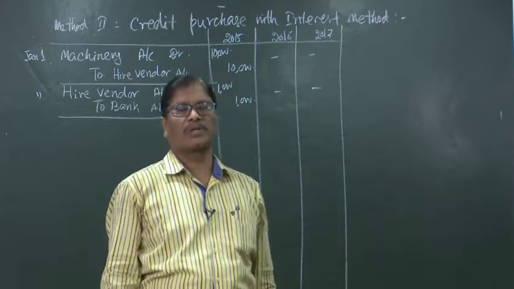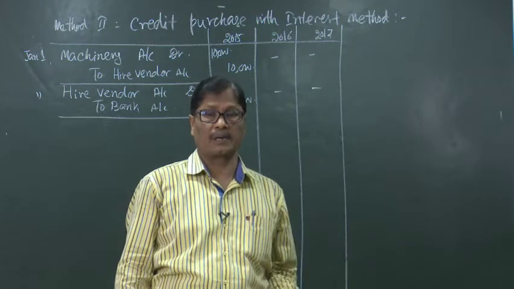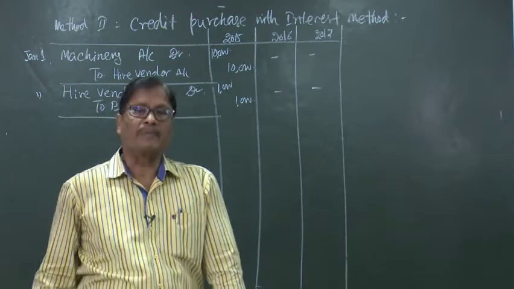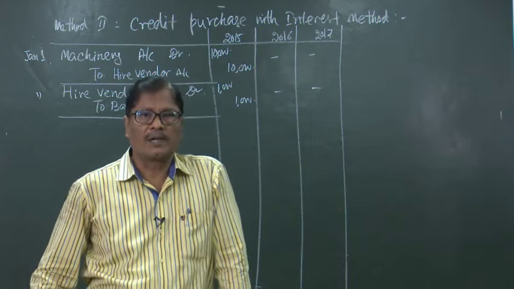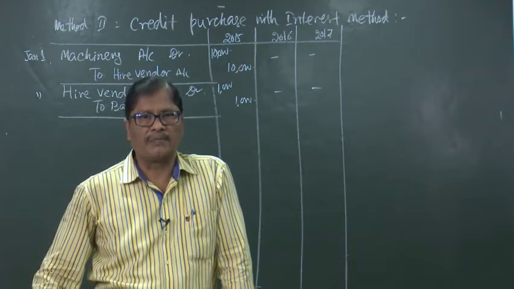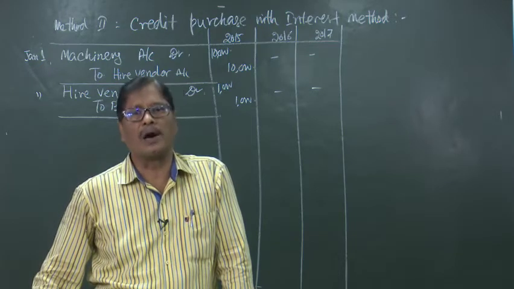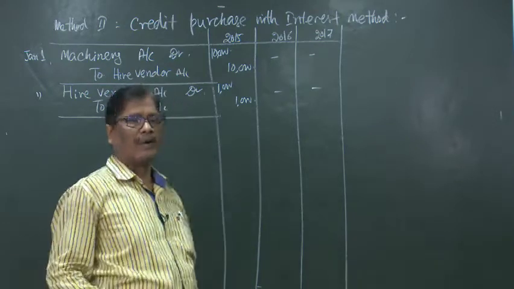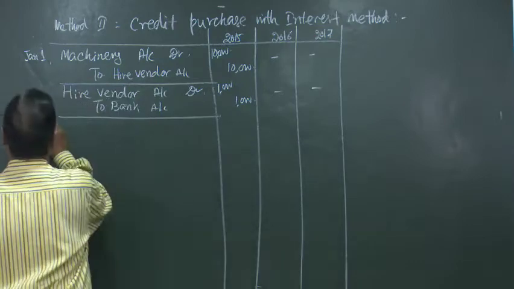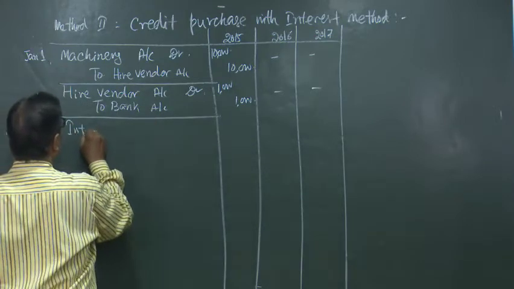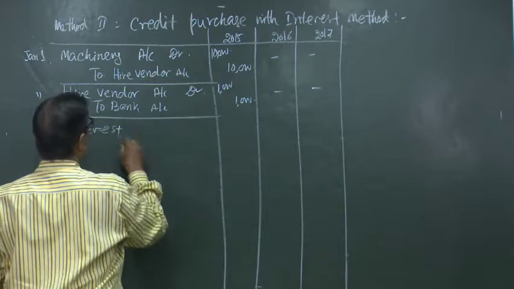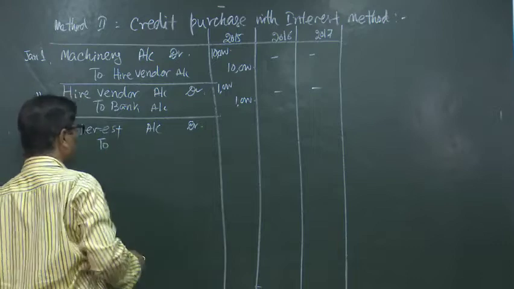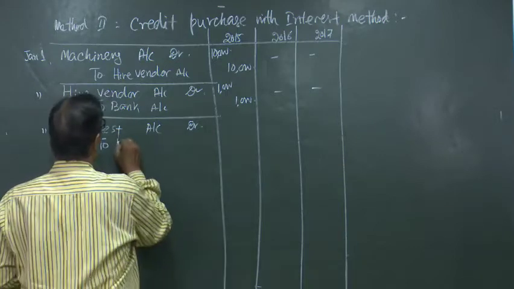Now, let us come to the third entry, that is at the end of the year when the amount will be due. At that time the interest first will be calculated. What is the amount of interest due from us? Due to whom? Due to the hire vendor. So, the entry will be interest account debited to hire vendor account.